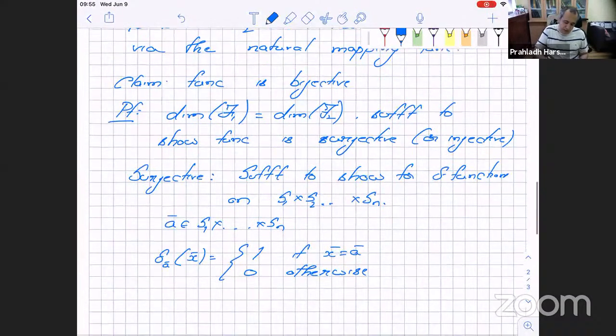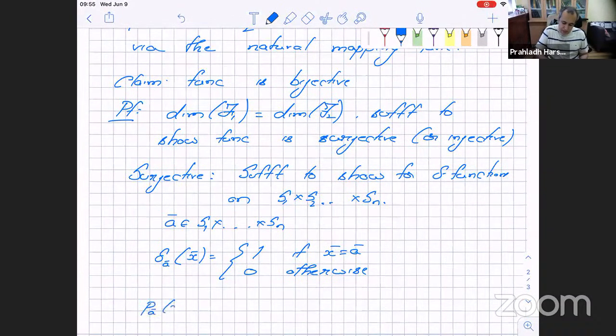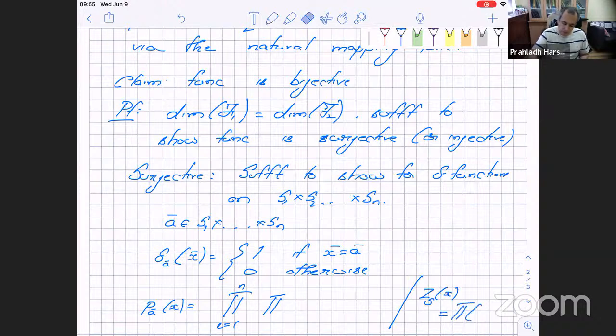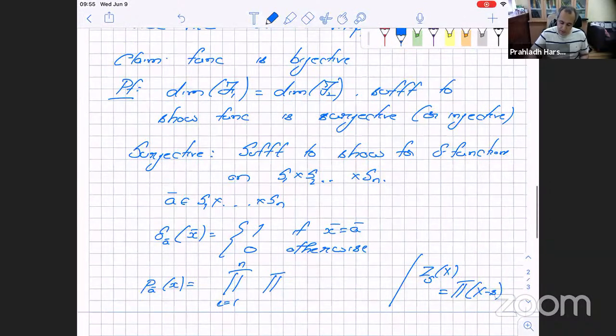Now I claim, let's look at the polynomial P A bar of x bar, which is the product, i going from 1 to n. Recall the definition of Z_S of x. We had defined it as the product of (x minus s), s in S. Recall, defined it this way.